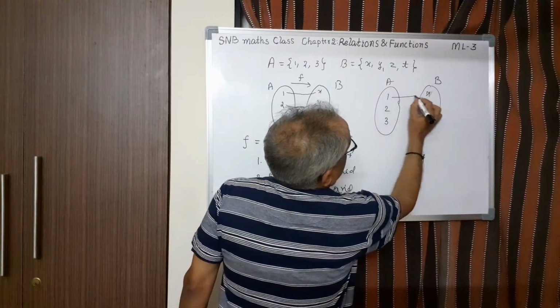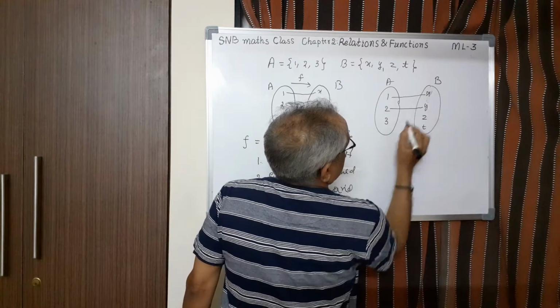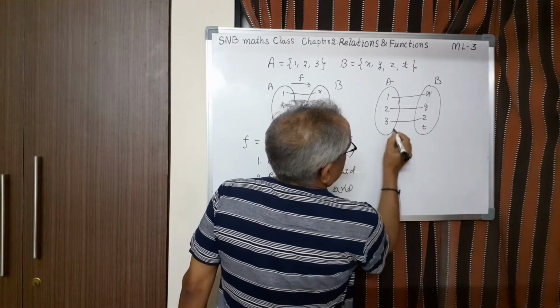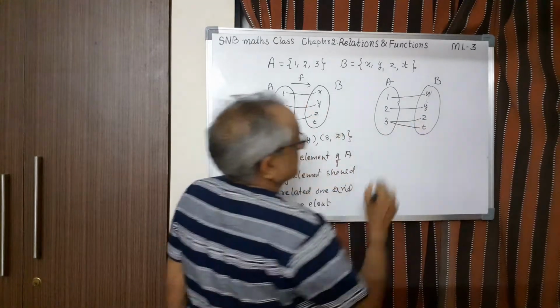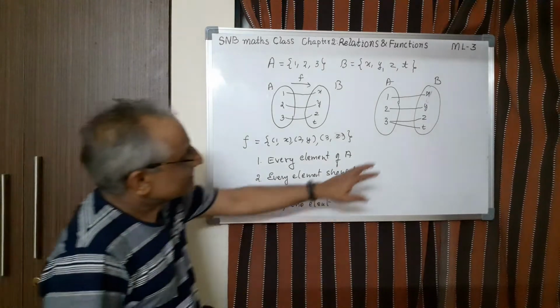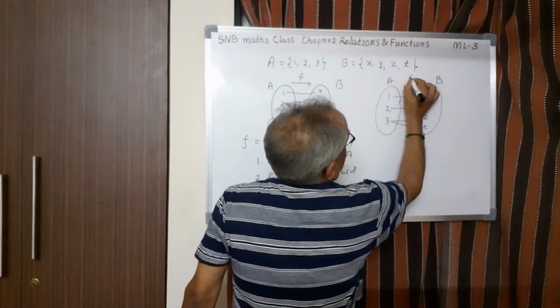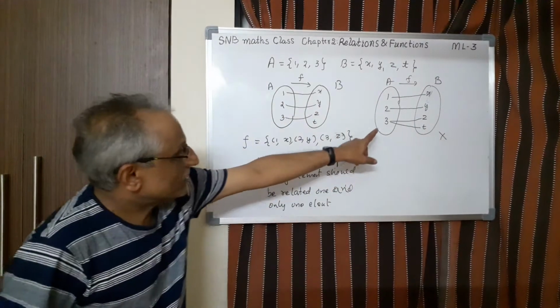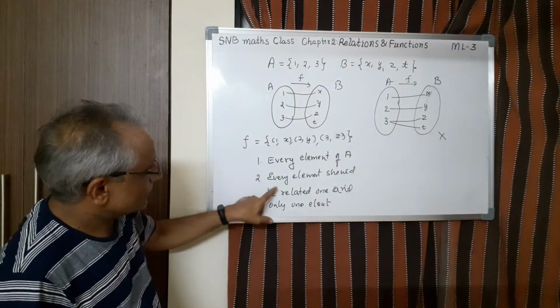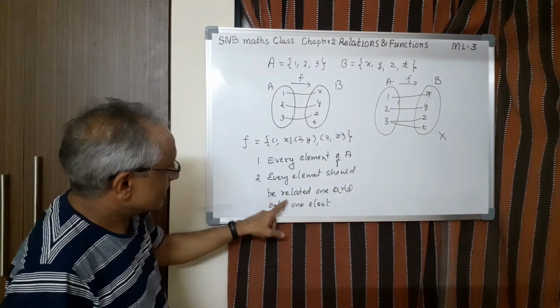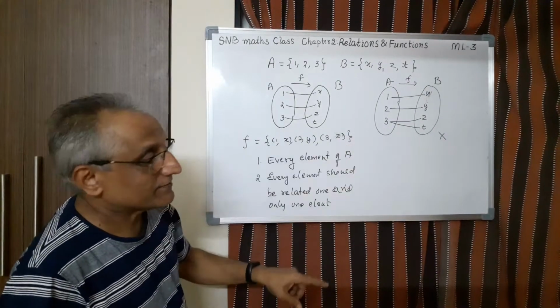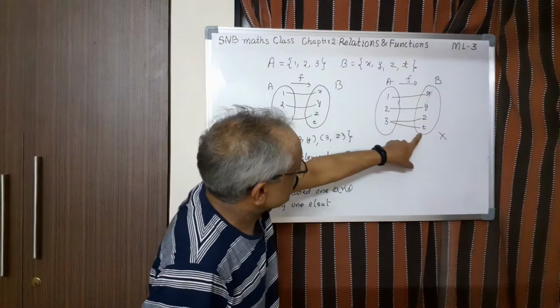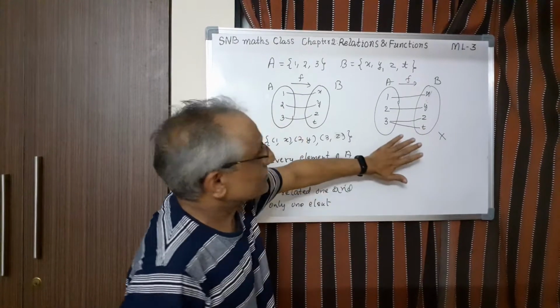Say I take 1 is related to x, 2 is related to y, 3 is related to z, 3 is also related to t. Then this is not a function. Suppose you denote it by f, for example. This is not a function because it violates the second condition. Every element should be related to one and only one element, whereas 3 here is related to z and t, so this is not a function.